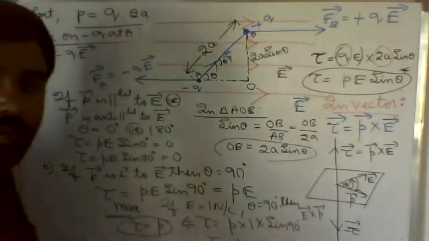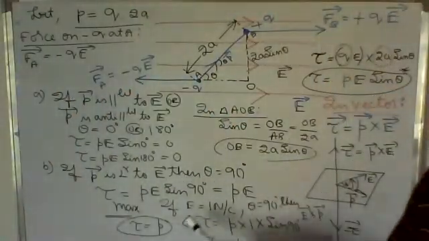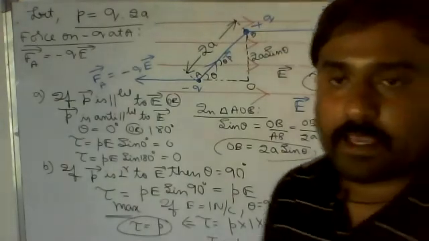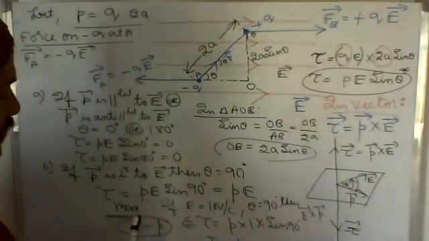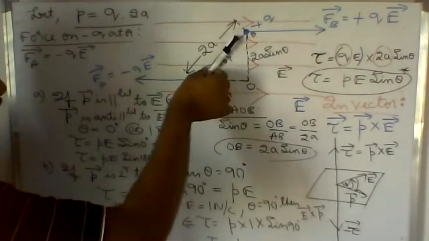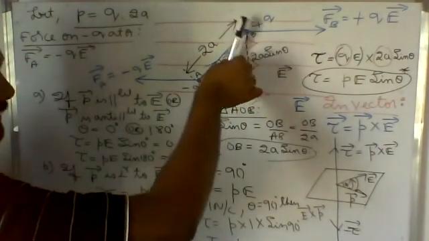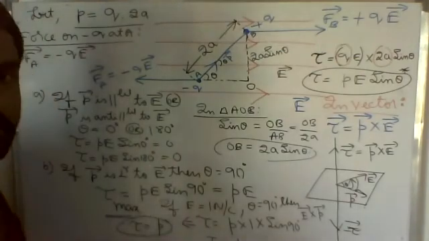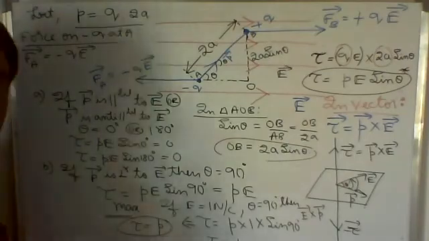So electric dipole moment can also be defined as being numerically equal to the torque acting on an electric dipole if it is placed at right angles to a unit uniform electric field. This is another definition of dipole moment.